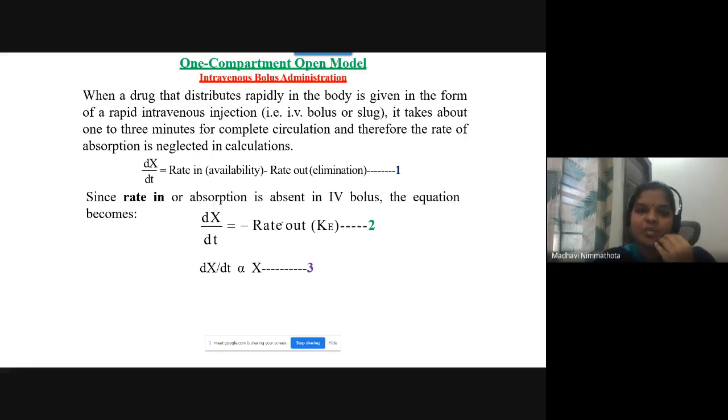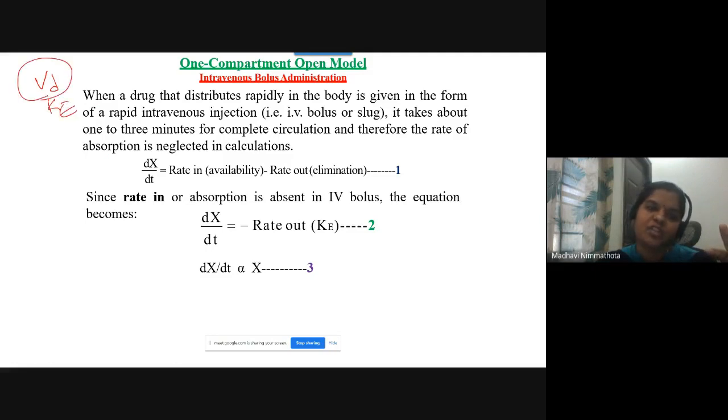And this is the most important question, that is one compartment open model by intravenous bolus administration. This is all derivation part, ma'am. Before learning this, you have to remember only two points. This IV bolus administration will govern the volume of distribution and Ke.